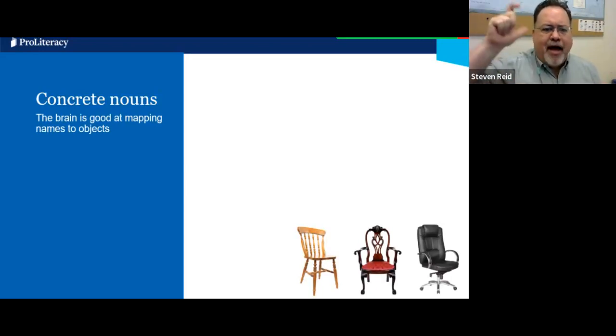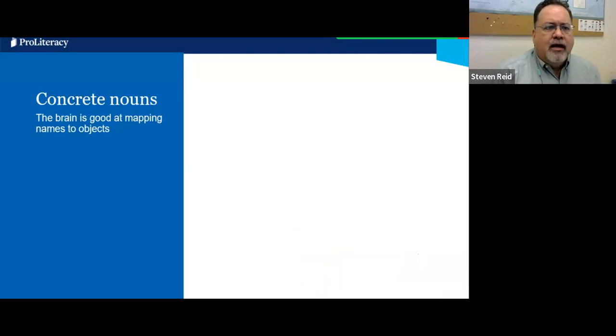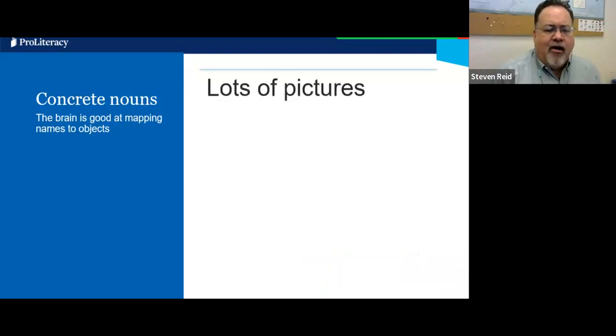And their brain will map the word chair to that object, even though they look very different. Even if you had a rocking chair and a giant throne or something, they will map to the word chair. And your brain is very good at making that map. That's particularly true when you're working with concrete nouns. So lots of pictures are the way to start with those.